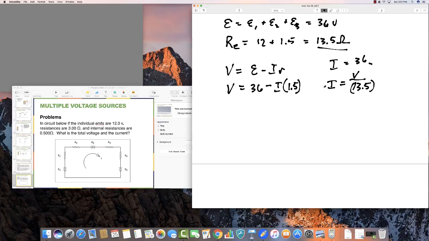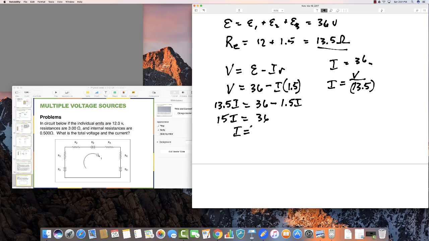So we have two equations and two unknowns. We can put these together however you want to do that. We can say that 13.5 I is equal to 36 minus 1.5 I. And so that means that 15 I is equal to 36.